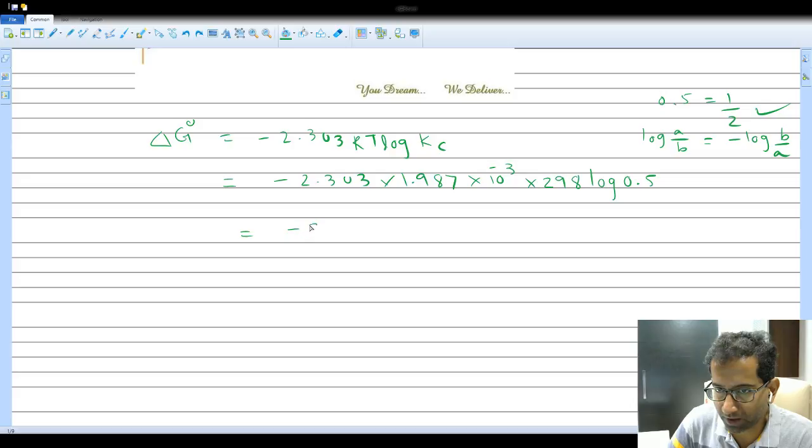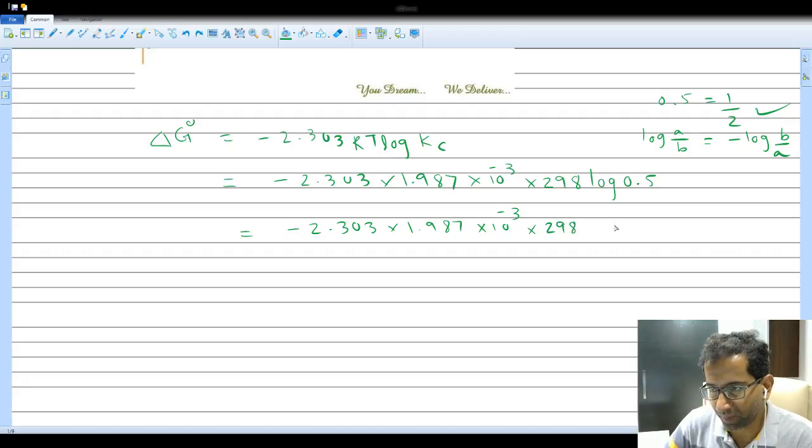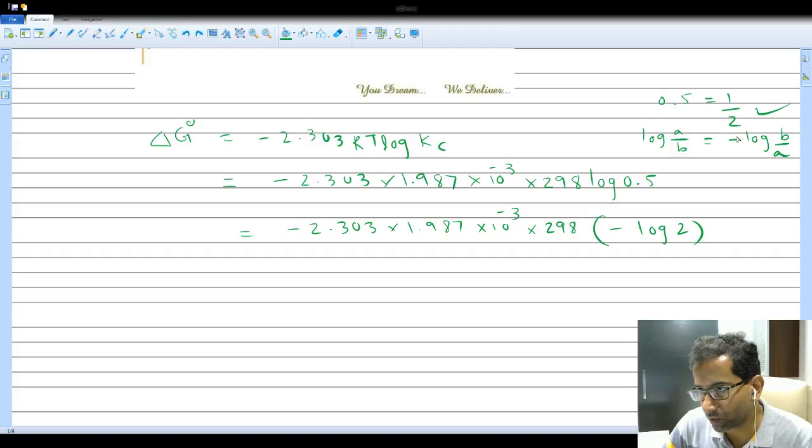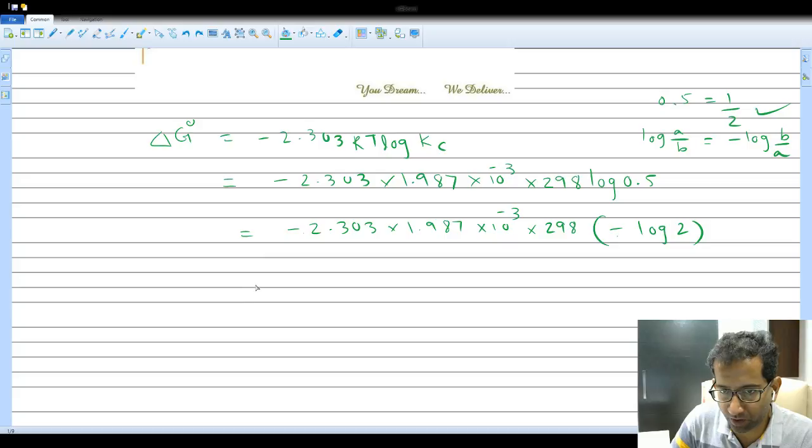So it will be minus 2.303 into 1.987 into 10 raised to minus 3 into 298 into minus log 2. Why? Because this is log 1 upon 2, I will make it log 2, so it will be minus, and this minus and that minus will now be positive.